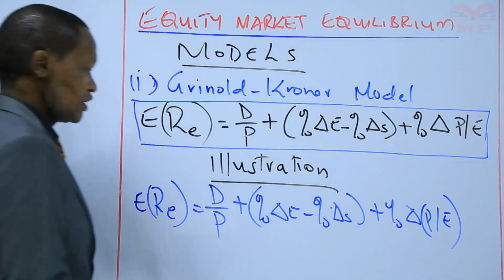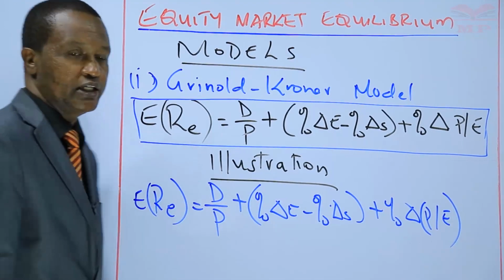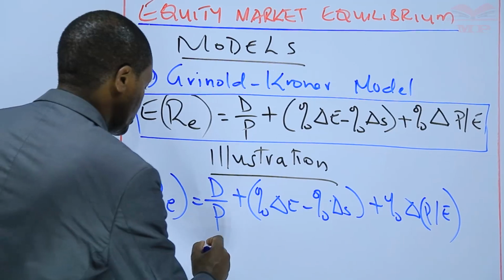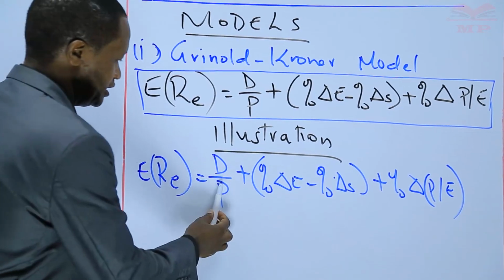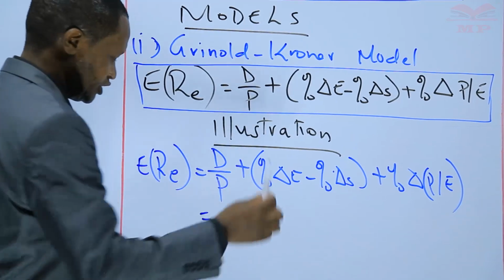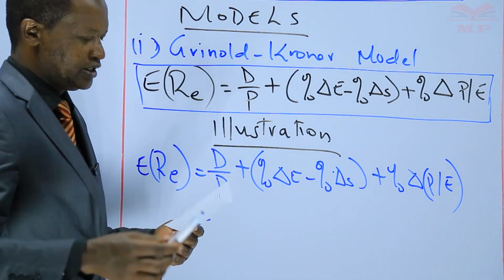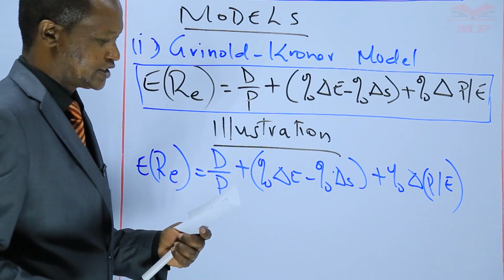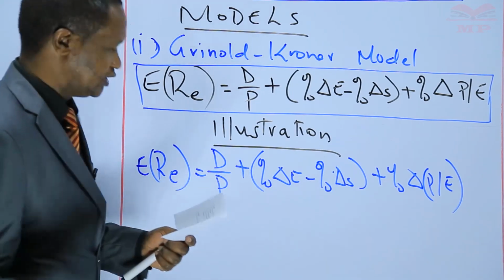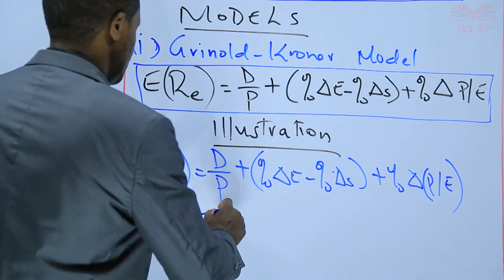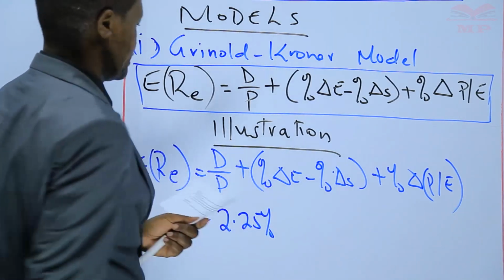That's the formula for calculating the expected return on equity based on the Greenwald-Kroner model. So we go to the question and identify these inputs. The dividend yield: from the question, candidates, we can see that the first forecast is a dividend yield. It is 2.25% dividend yield. We are given the dividend yield 2.25%.